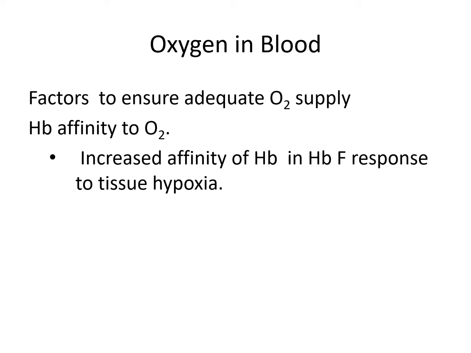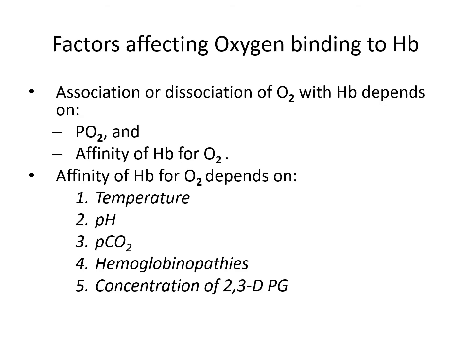One of the factors that ensure that there is enough amount of oxygen in the blood is the affinity of oxygen to hemoglobin. For example, if there is hypoxia, there will be an increased affinity of fetal hemoglobin to oxygen.